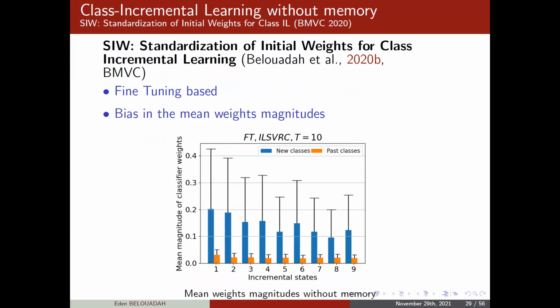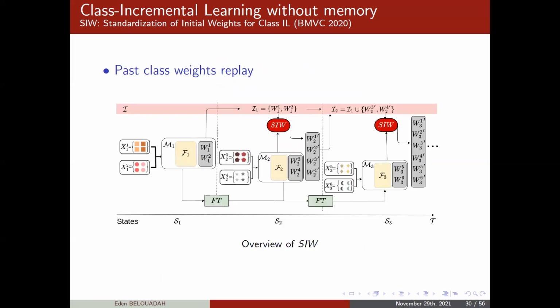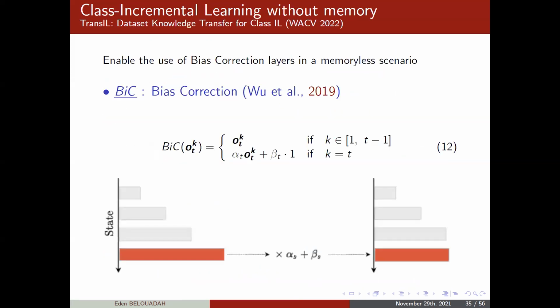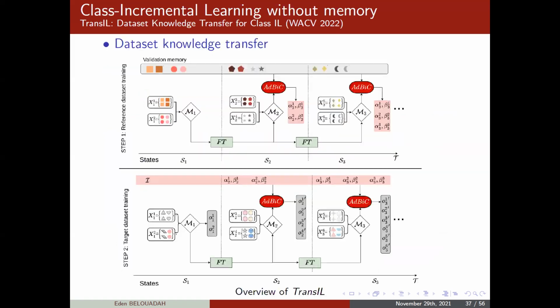Now for SIW, the limitations, I can't see them, to be honest. I will start first with TransIL, the last method. The drawback of this method is that we assume that we have a reference data set on which we allow to have validation memory, and we compute on it the calibration scores before we transfer them.